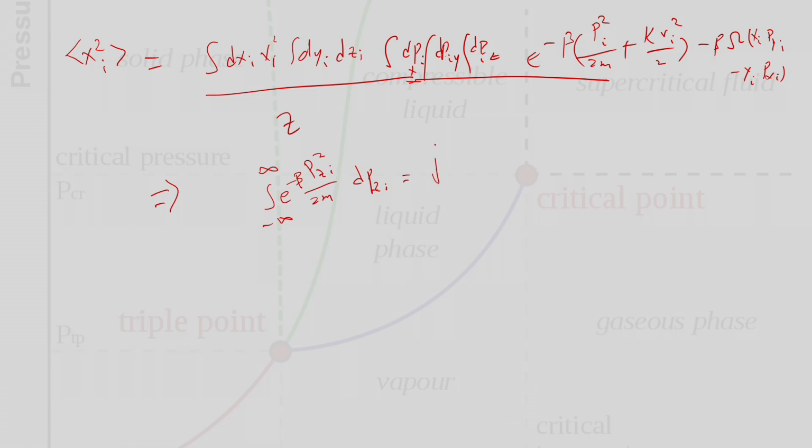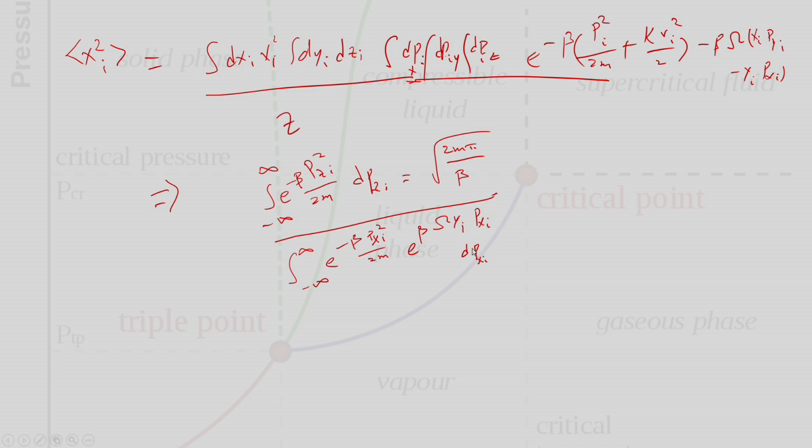This is just going to be the square root of 2m pi by beta. So that is the z integration. Then you need to do the px integration, but px has this linear term as well, so you have to deal with that. It is the integral of e raised to minus beta pxi squared by 2m times e raised to beta omega yi pxi, dpxi.